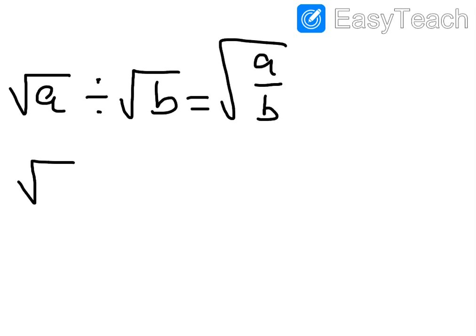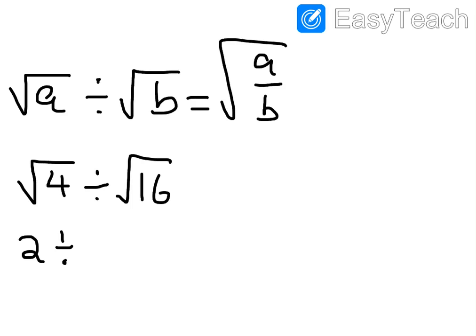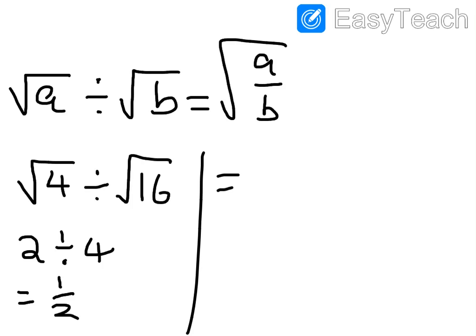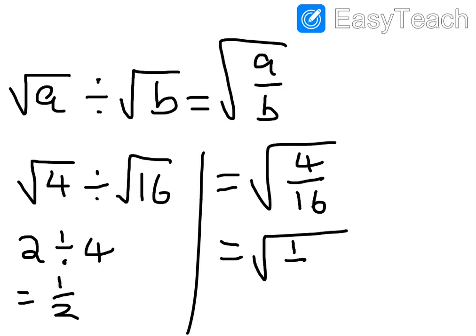Let's say square root of 4 divided by square root of 16. Square root of 4 equals 2, divided by 4 equals 1 over 2. Let's say equals square root of 4 divided by 16 equals 1 over 4, and the square root of 1 over 4 equals 1 over 2.